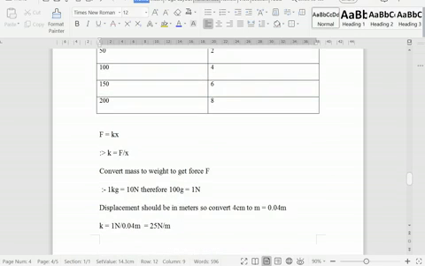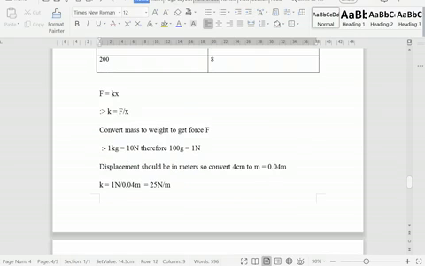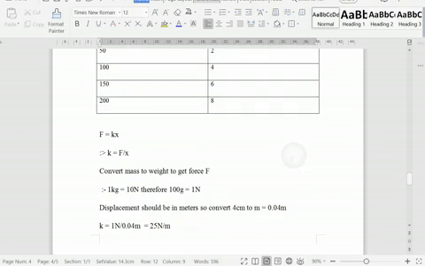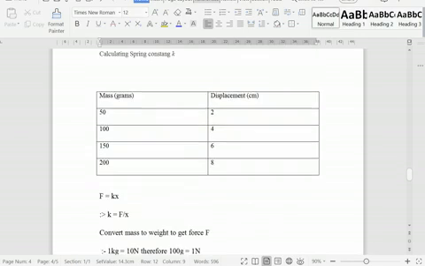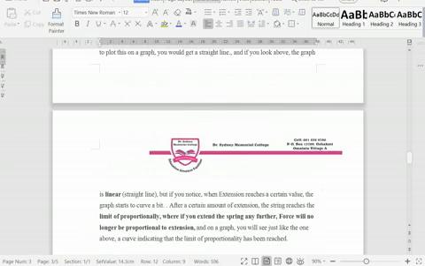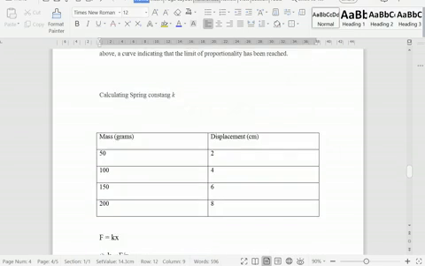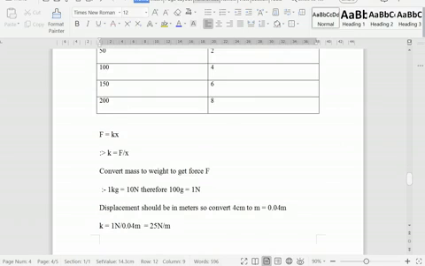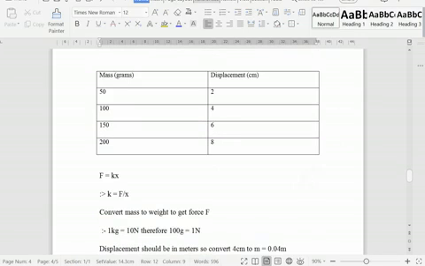So we know that the formula, this is the formula, F, force, is equal to the spring constant multiplied by x: F = Kx. Okay, so now x stands for the displacement, and we are given the displacement already.